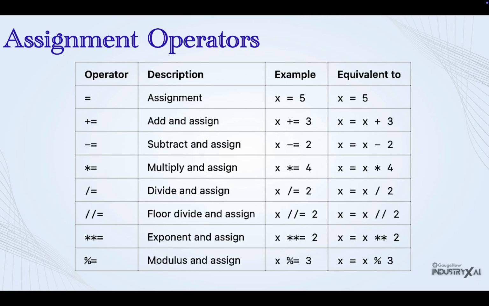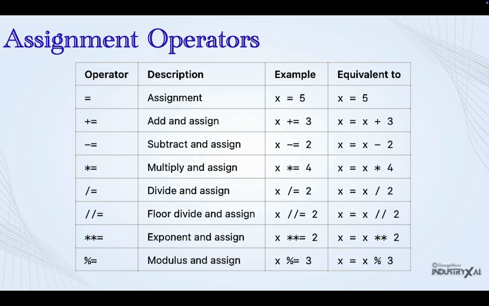Other than that, we can also perform arithmetic operations combined with the assignment operators. On the first column, again, you can see we have provided the operators combined with the arithmetic operators: plus equal to, minus equal to, multiply equal to, divide equal to, floor divide and assign, exponent equal to and modulo equal to. What is the meaning of these symbols?